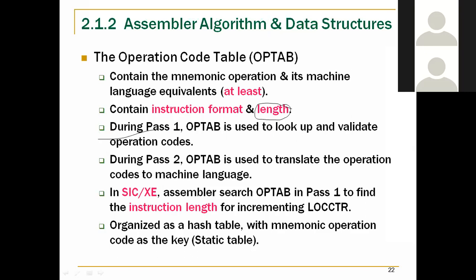Basically, during pass one, OPTAB is used to look up and validate the operation code, and during pass two, it is used to perform the translation. It is implemented as a hash table, as we had seen, because we are interested in looking up values more often than performing insertion or deletion in the operation table.